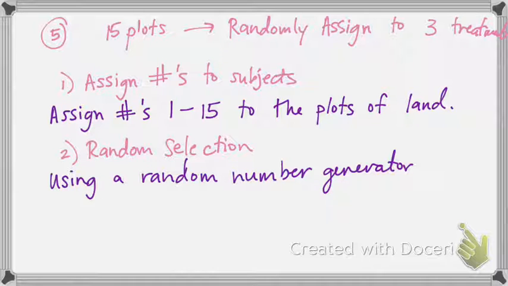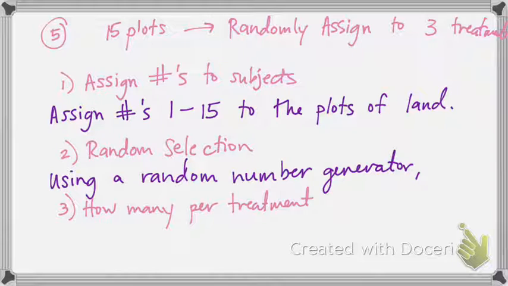So using a random number generator, comma, the third section of this is deciding how many per treatment group and how to distribute them. So the third part is how many per treatment.